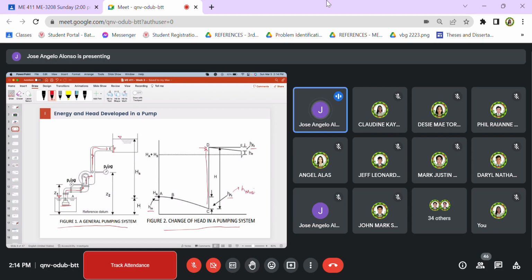So from the discharge of our fluid, from E to F, there are corresponding losses again, which is represented by H sub E. So here we are just defining the total dynamic head needed by our pump to transfer the fluid at the reservoir at point A of the pump system.